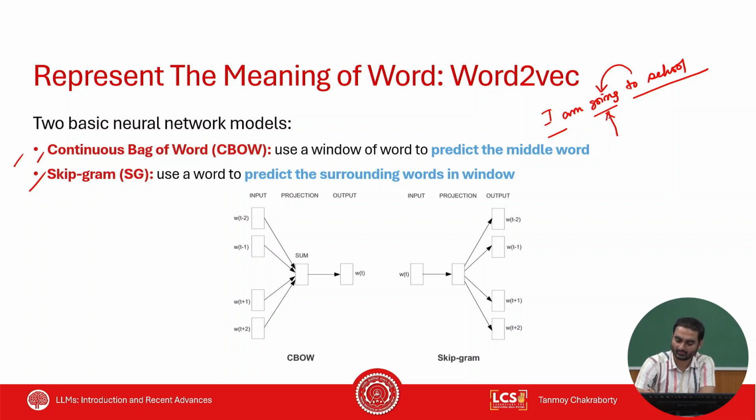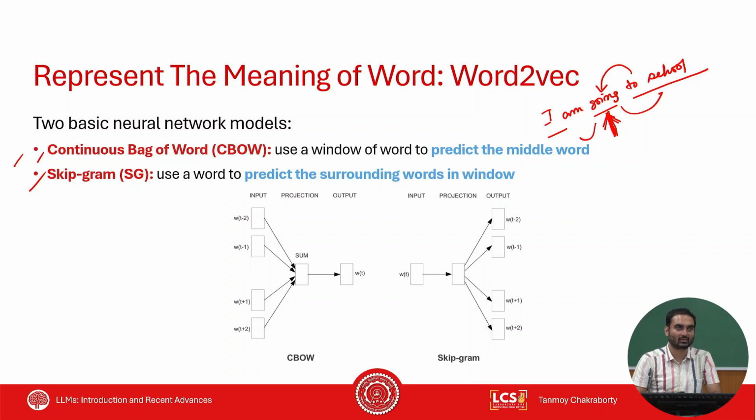In skipgram, I use the center token to predict the word embedding of the context words. It's just the opposite. There is a central word, in this case going, for which I want to predict the embedding. In CBOW, I look at the context words to predict the representation of the central word. In skipgram, I look at the central word to predict the representations of the context words.